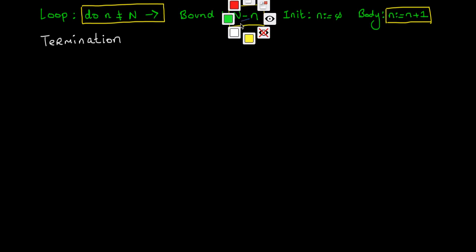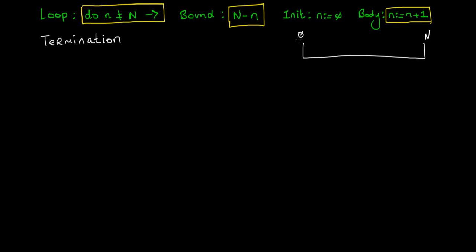Well, if we draw a little diagram, we'll see that we have n here, we have 0 here, small n started at 0 and works its way up, because we add 1, add 1, add 1 to it, and it eventually will reach large N. So it's progressing towards large N. It starts at 0 and moves its way up.